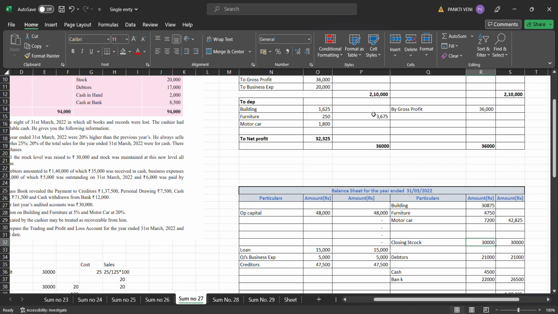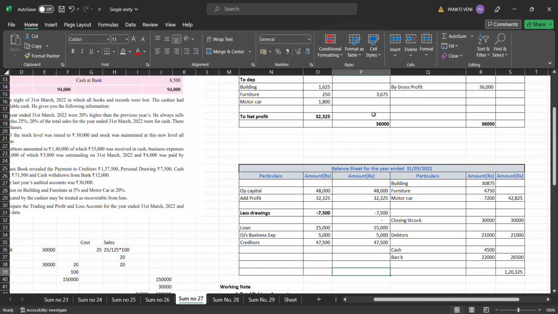So you'll get 32,325. If you add profit, you will get 80,325. Out of this I'm supposed to subtract my drawings, that is 7,500. If I subtract this, I think my sum is done.